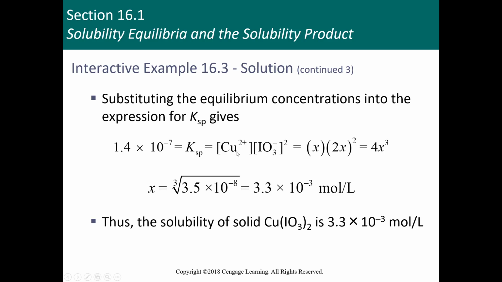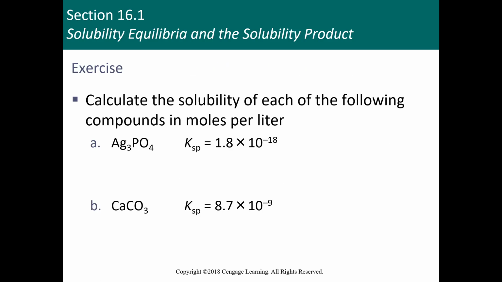It's also the same thing as the concentration of your entire complex, because remember, the copper, there's only one of them. So it's a 1-to-1 ratio between your salt and the copper. So this is the concentration or your solubility of your solid copper iodate. That 3.3 times 10 to the negative third molarity, that is your solubility, that's the answer.